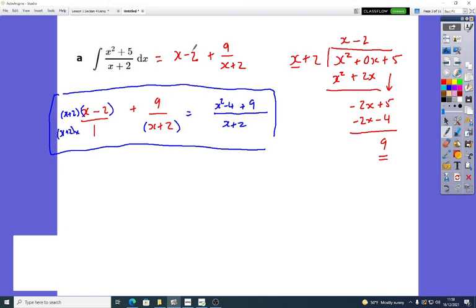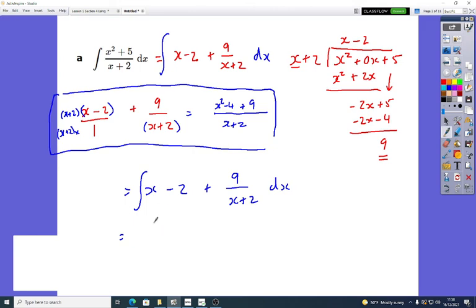So that is broken down into x minus 2 plus 9 over x plus 2. And what we're going to do is, because that is the same as that, that becomes an integral with respect to x. Now, once we've got it in this form, it's straightforward. Happy days.